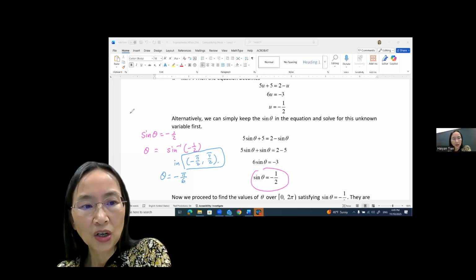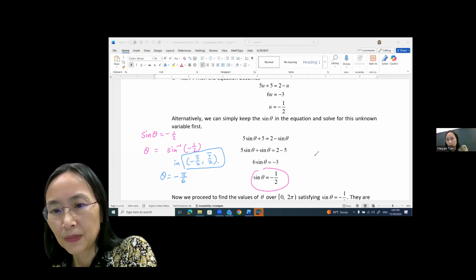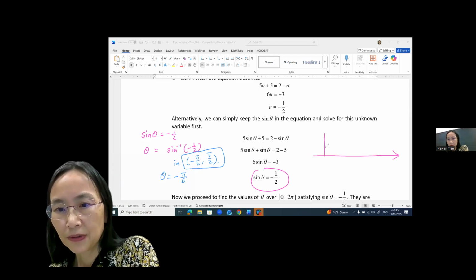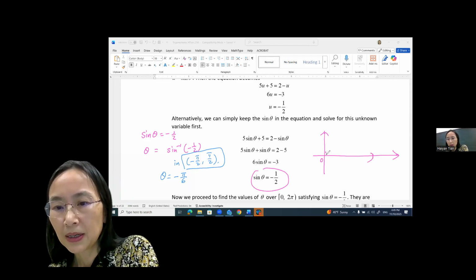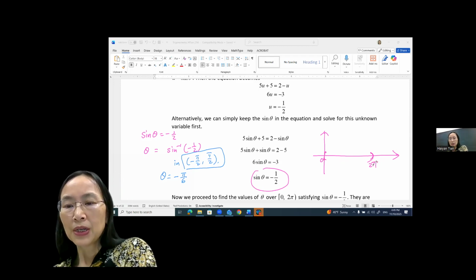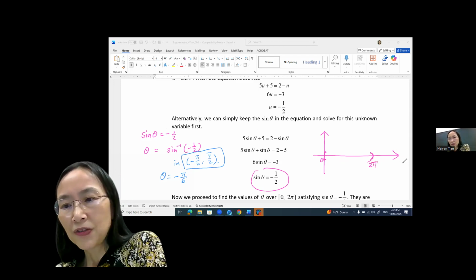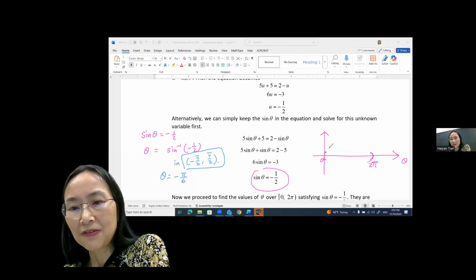We want to find all the theta from 0 to 2 pi, not including 2 pi, but including 0, so at least 0 and less than 360 degrees, or 2 pi in radians.